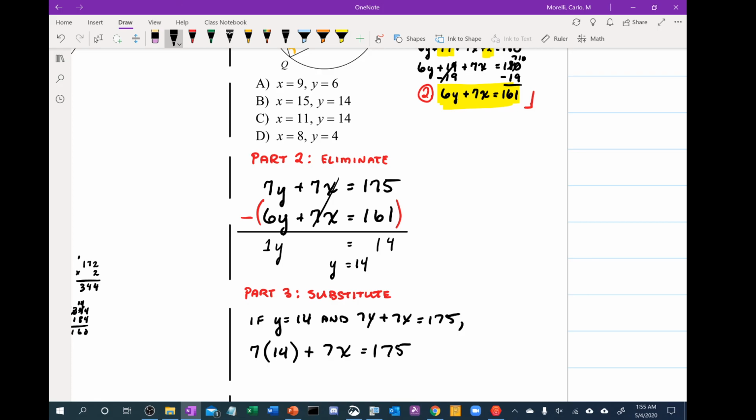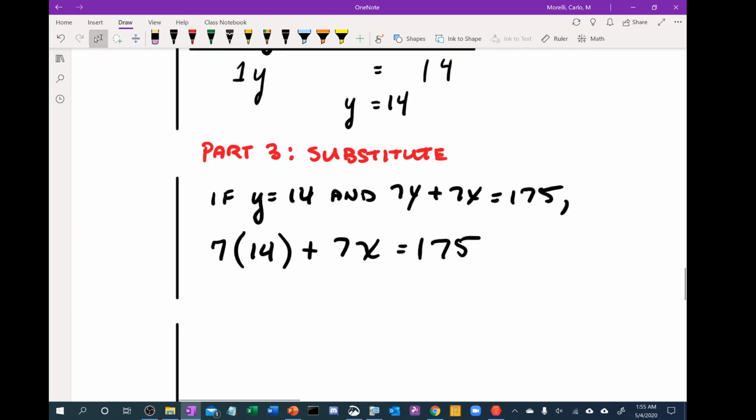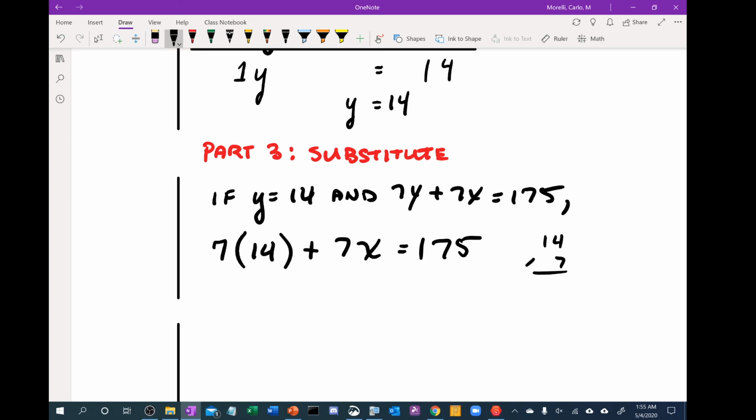Okay, so we have to do 7 times 14. We'll do that in side work. 14 times 7. 4 times 7 is 28. Carry the 2. 7 times 1 is 7 plus 2 is 9. So 14 times 7 should be 98. Okay, so we'll put 98 here plus 7x equals 175.